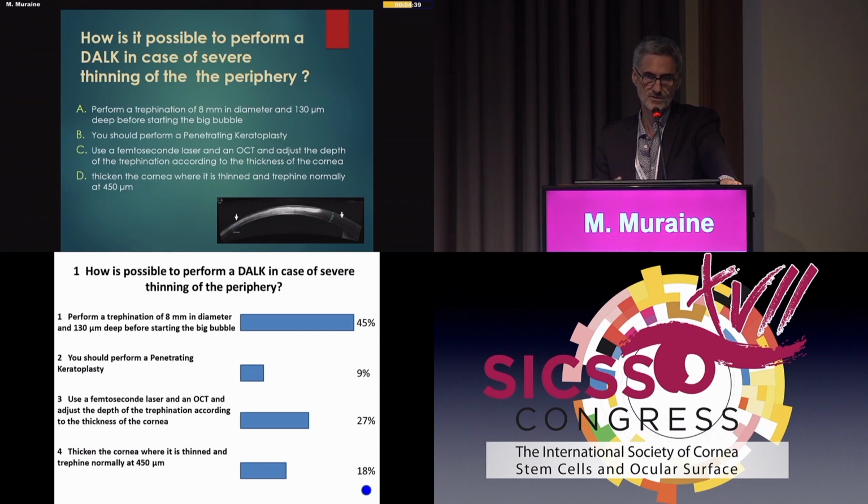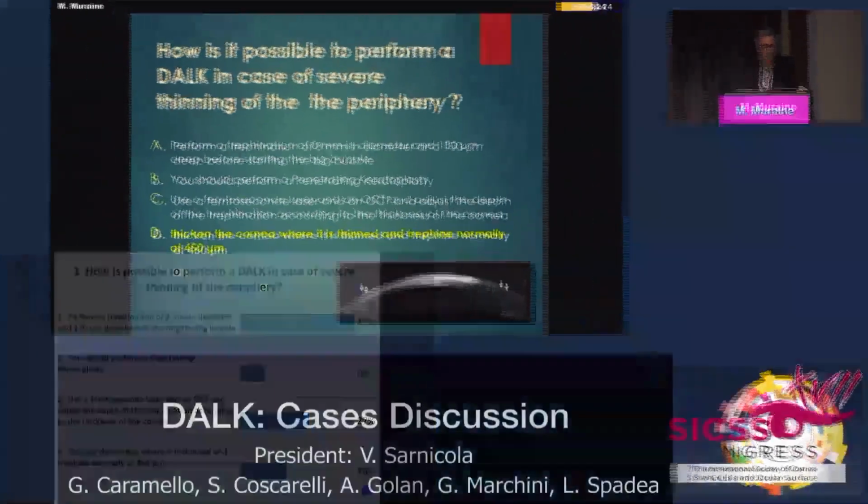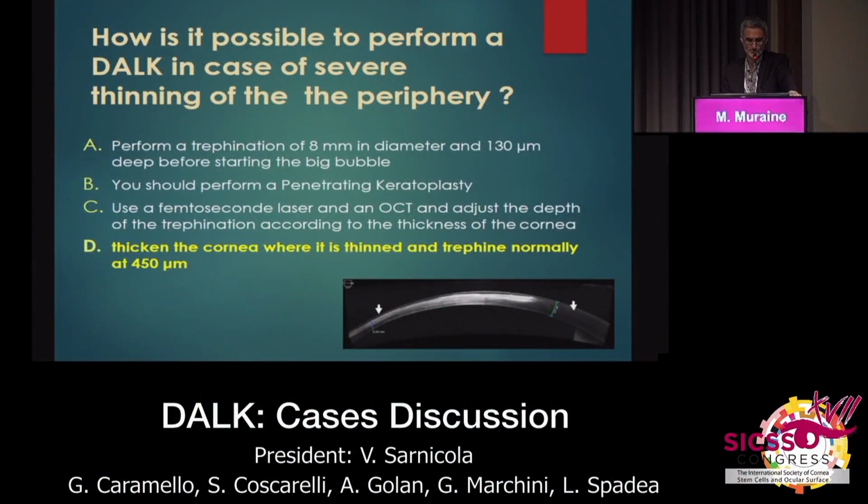It's easier if you have a very deep trephination, and if you want to have less astigmatism, you should have a very good trephination on the whole cornea. So I'll show you the answer, because I chose the last solution, to thicken the cornea where it is thinned and to trephine normally at 450 micron.